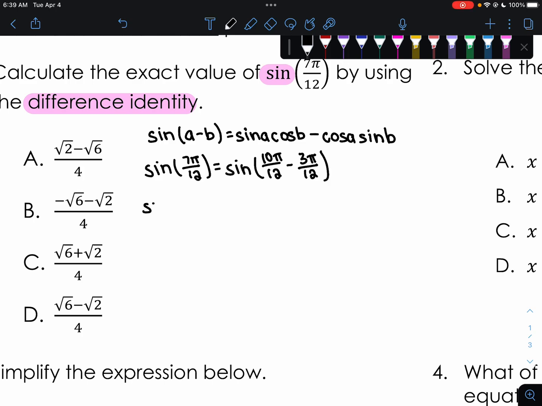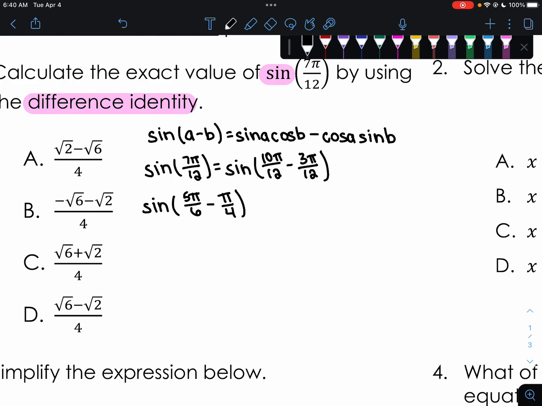If I simplify 10 pi over 12, they're both divisible by 2, so I get 5 pi over 6. And if I simplify 3 pi over 12, those are both divisible by 3, so I get pi over 4. And both of those angles I should know.